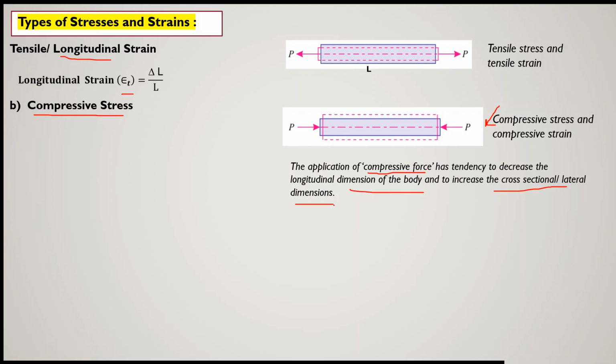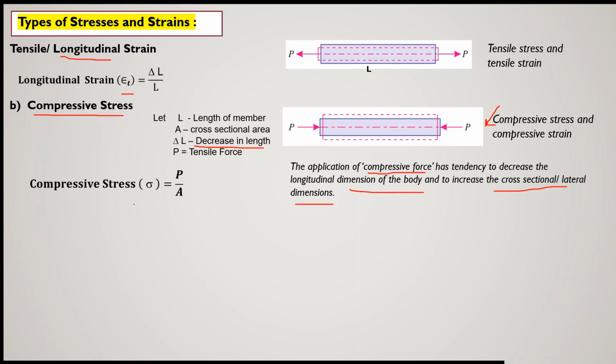So when compressive force is acting, it will be associated with compressive stress and compressive strain. Now if you find here, delta L is the decrease in length. Earlier in tensile stress, delta L was the increase in length.